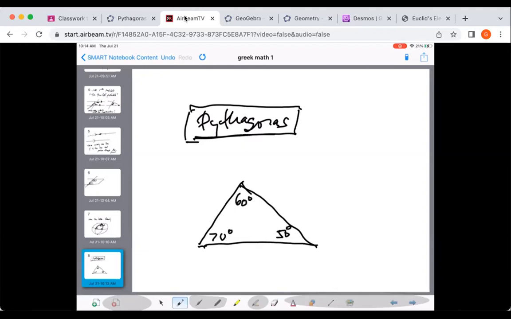And yes, we can see those add up to 180 degrees. Let's say I didn't know that. Let's say I just had a 50 and a 70 degree angle. Step one would be to draw this parallel line.